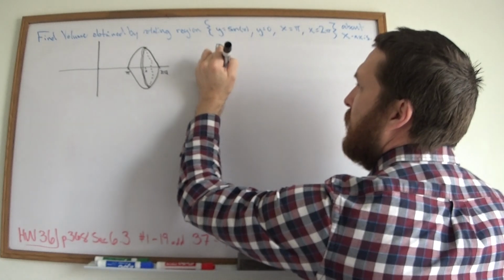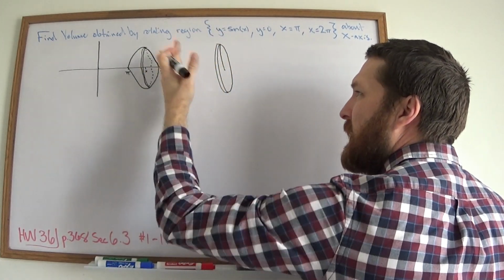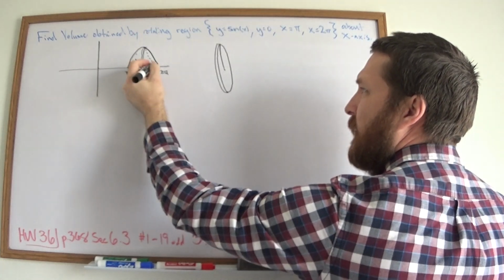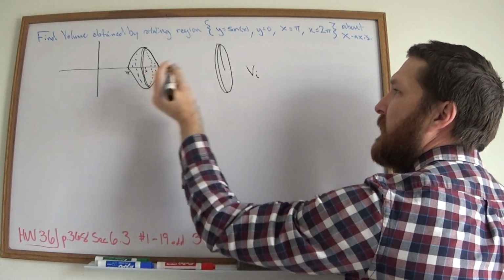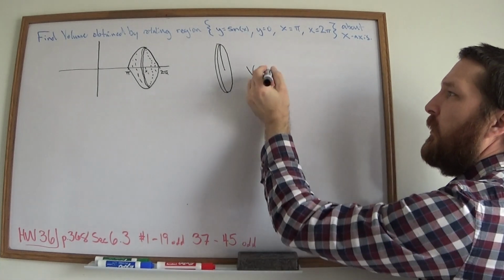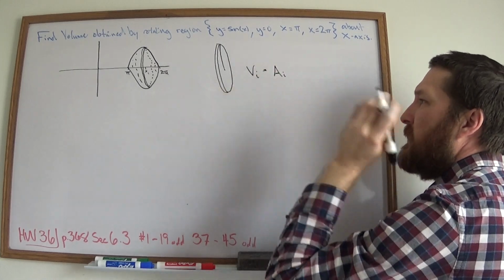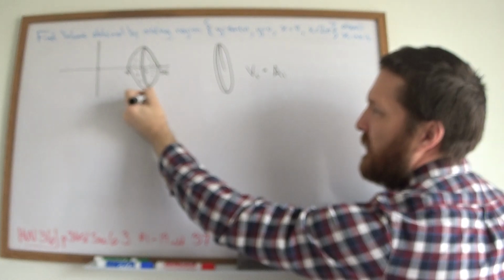So now I've chopped this into n pieces this way, right? And now I want to find the ith volume. This is the ith because this is x_i, right? I want to find the ith volume, and the volume is a what times a what? Area times the length, and the length that we're going to use here is going to be delta x.